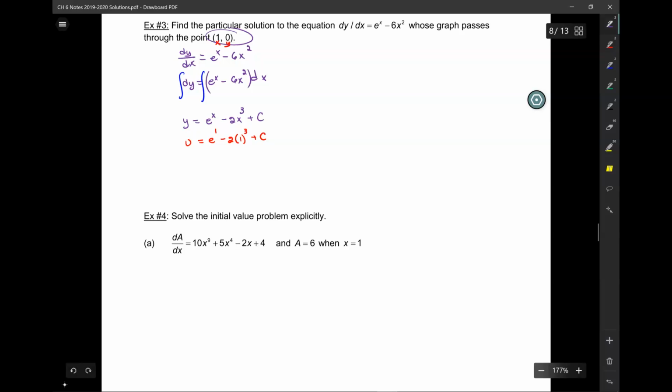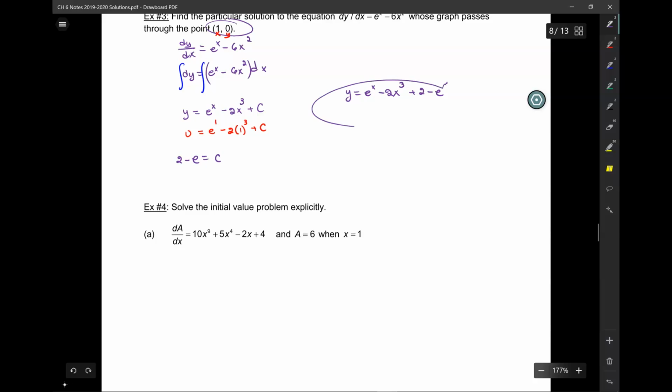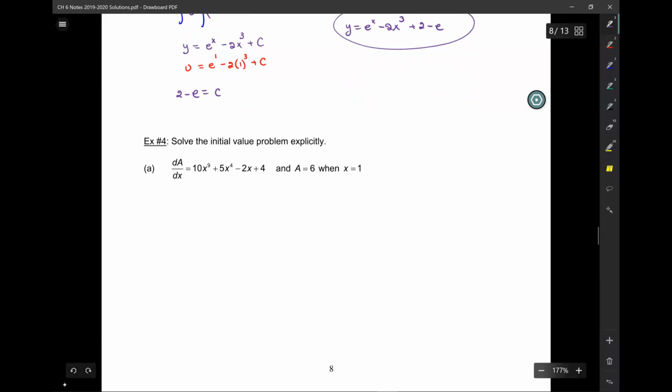So c is equal to positive 2 minus e, which means my equation now is e to the x minus 2x cubed plus 2 minus e. Right? And there is no c in here. It's just one particular equation. There is no plus c.